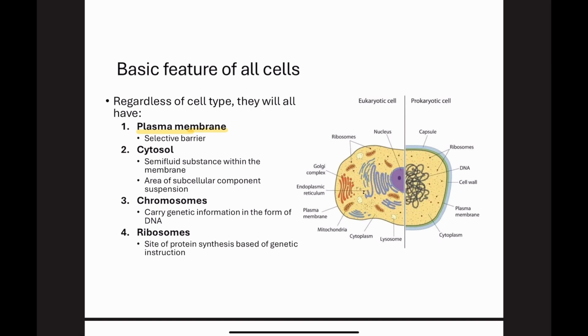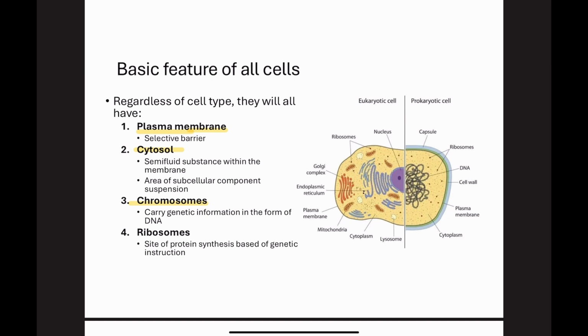Our cytosol is a semi-fluid substance that we find within the membrane, and that's where our subcellular components are going to be suspended. We're also going to find chromosomes, and we know that chromosomes are the structures that carry genetic information in the form of DNA, and we also know that DNA is going to direct protein synthesis and other cellular processes.